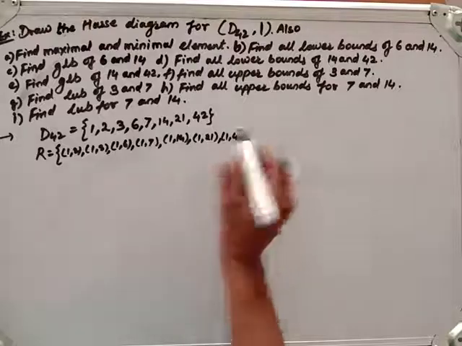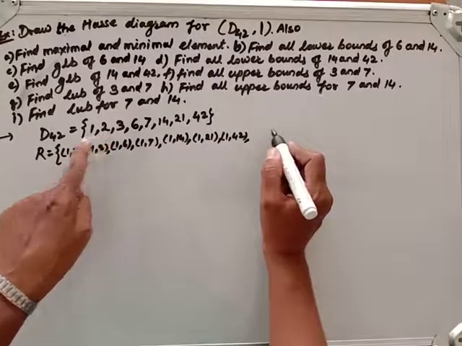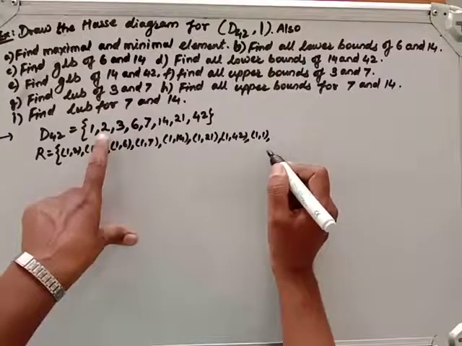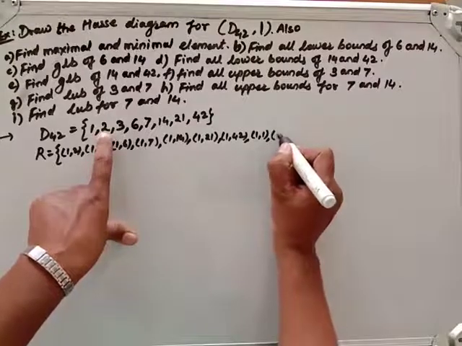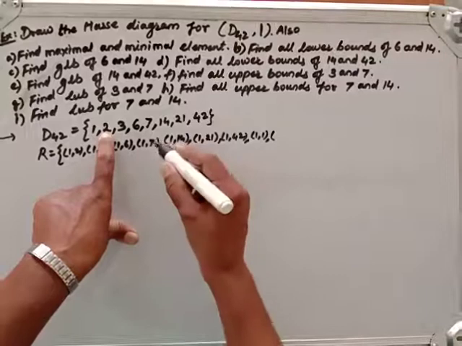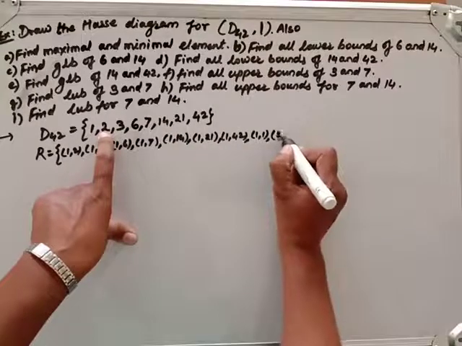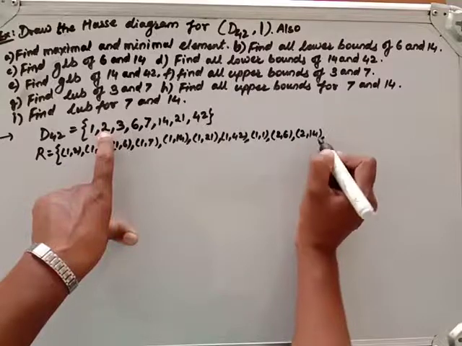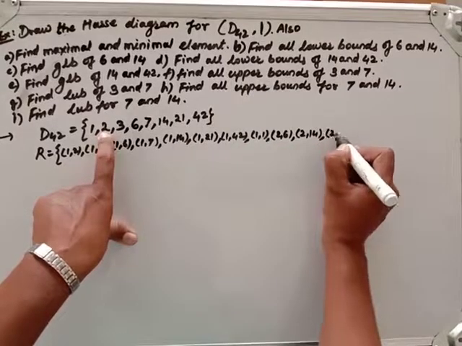Also 1 is related to 1. Why not? Now 2 is related to 6, 2 related to 14, 2 related to 42.